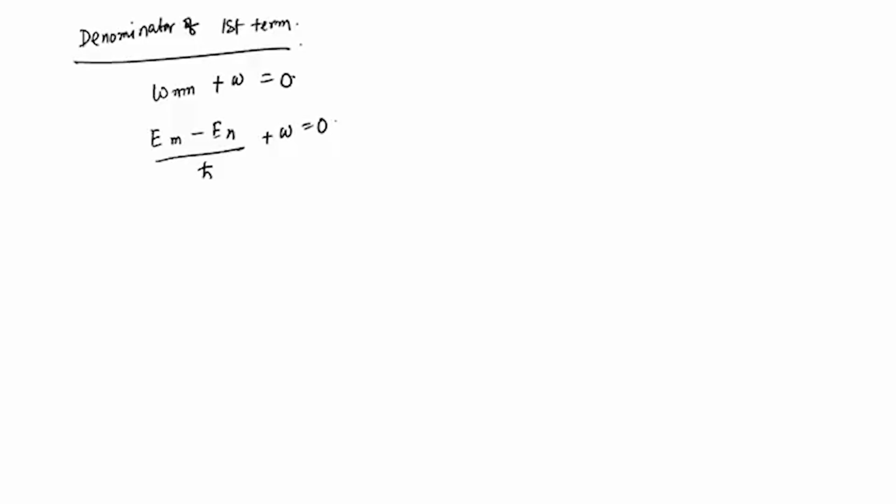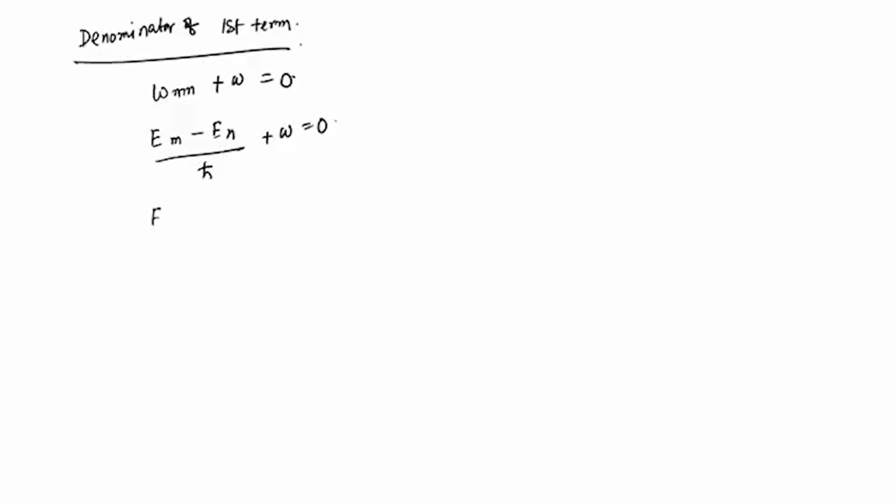If you tune the ω that you apply as a perturbation to be equal to the difference between the two energies, then the ratio becomes very large because your denominator goes to 0, and the transition probability is going to be very large, and that is what we want to see.